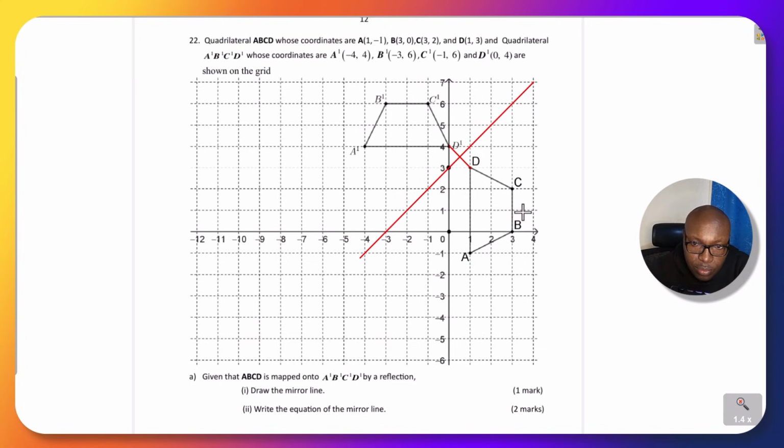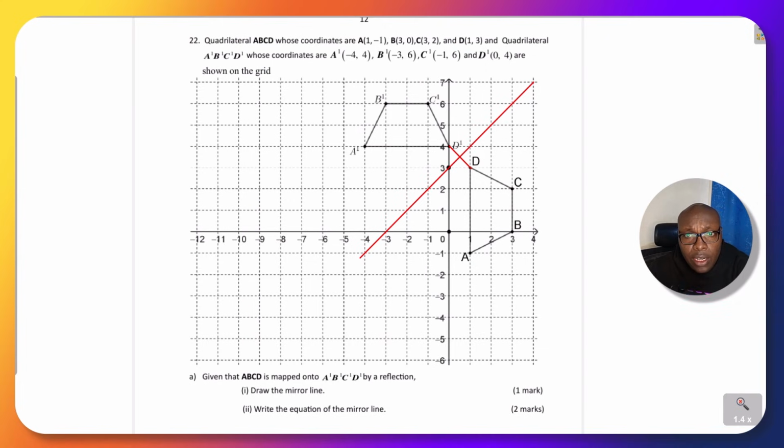You can construct a perpendicular bisector of D prime, but in this case I don't see the need, because once I draw that straight line using a ruler that passes through those corner points of the squares there, you can see where the line is passing, these points, it passes through the center of D prime D. So that is the mirror line.